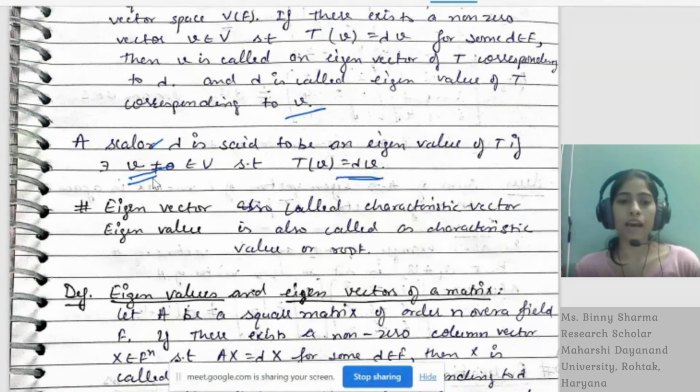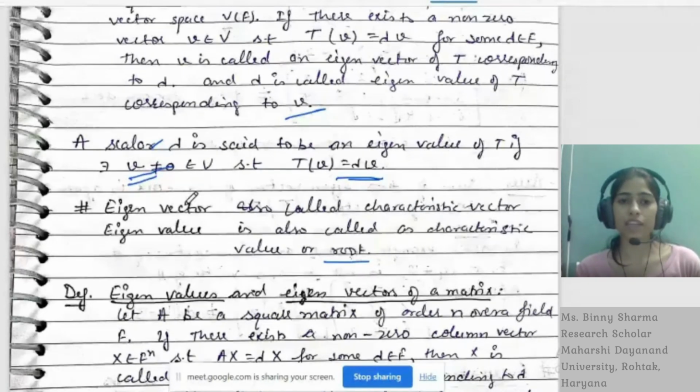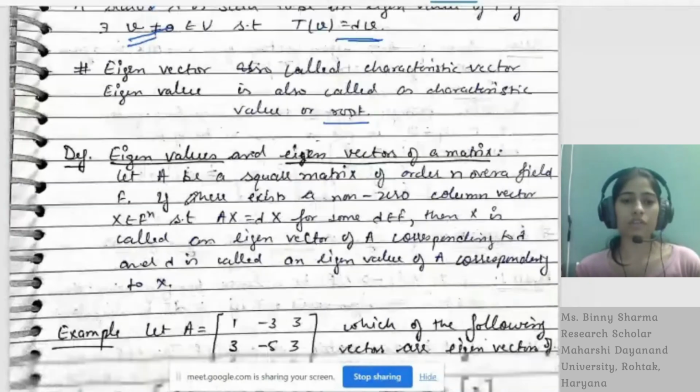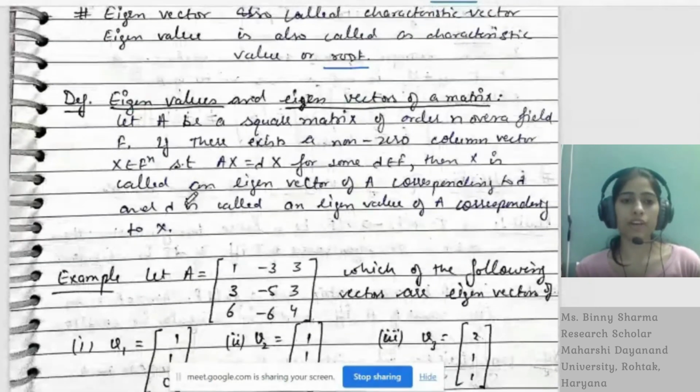An eigenvector is also known as a characteristic vector, and an eigenvalue is also called a characteristic value or root. So this is the definition of eigenvalues and eigenvectors of a linear operator. Now, to define them for a matrix: let A be a square matrix of order n.